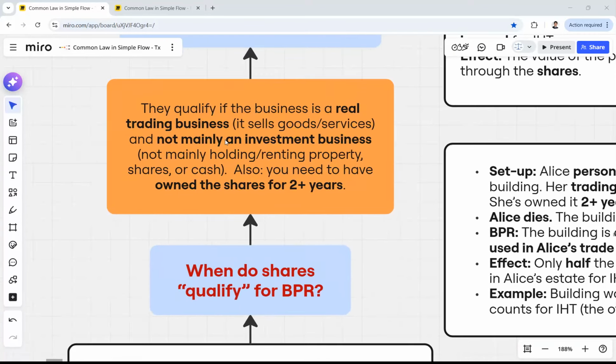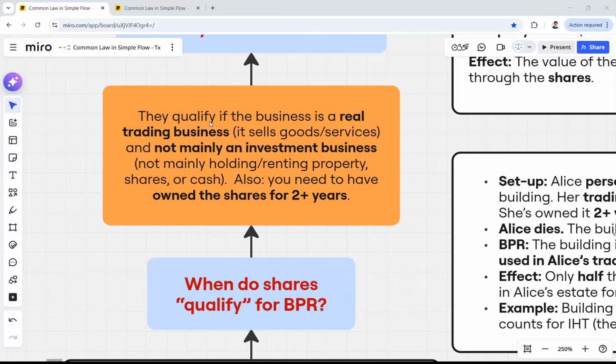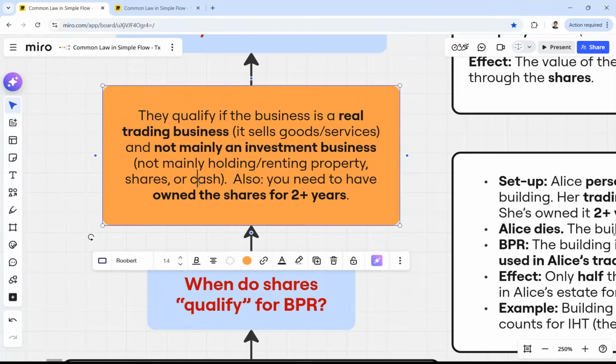The business qualifies if it is a real trading business, one that sells goods and services, and not an investing business that, for example, uses cash of others to invest in other companies, or rents property, or deals with shares, like buying and selling shares.